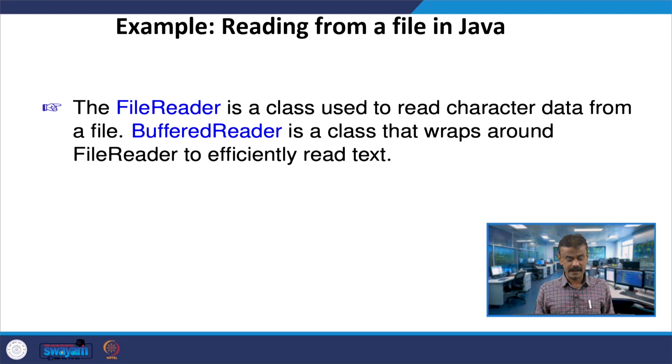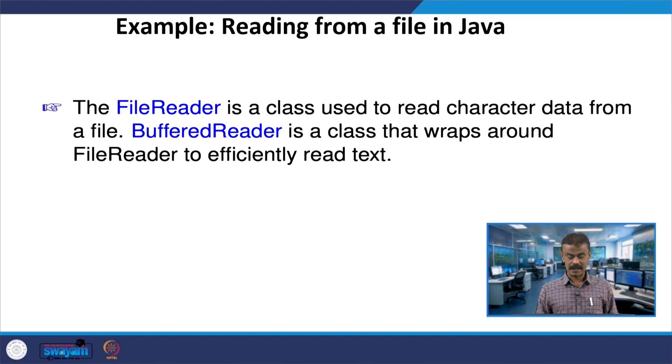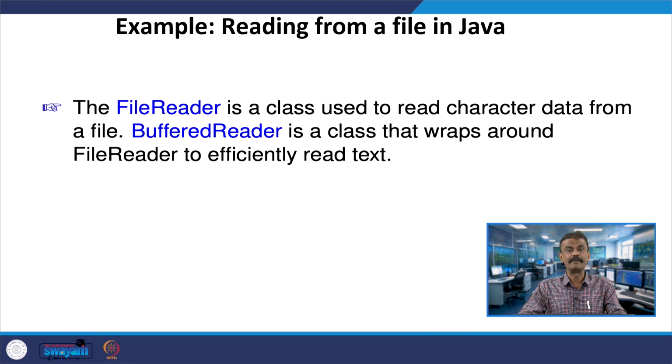So, here FileReader is nothing but a class, and the file has, let us say, character data. Then you have seen BufferedReader, that is also a class. Under BufferedReader you have an object reader.